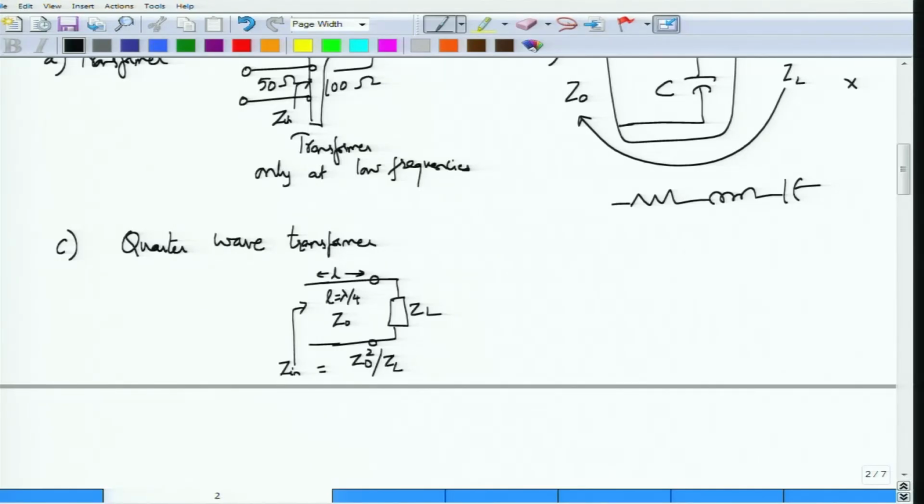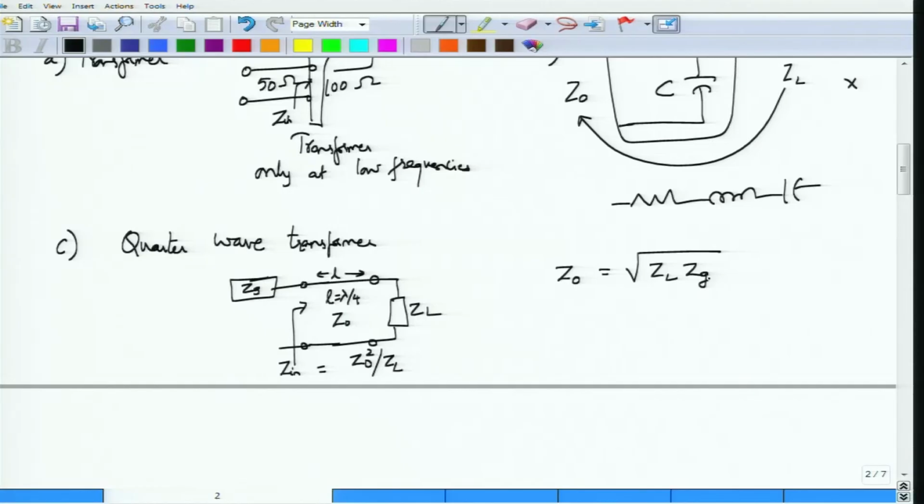So if I were to match, for example, if this Zin is supposed to be equal to Zg, so if this Zg must be equal to Zin, then I should simply choose a characteristic impedance Z0 of a transmission line of length lambda by 4 such that Z0 squared is equal to ZL into Zg.